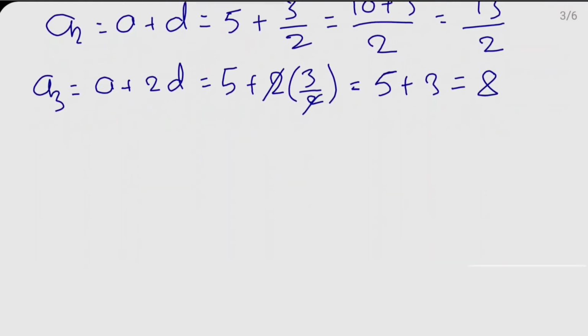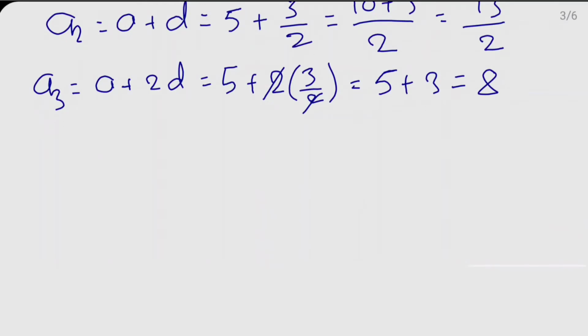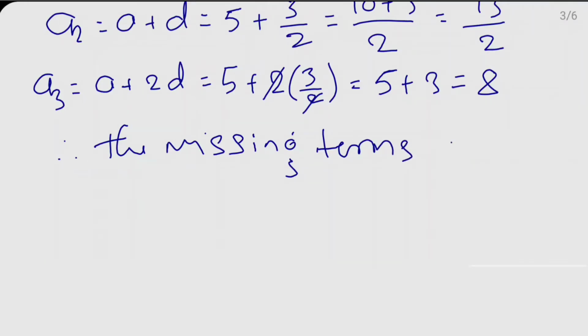So write down the conclusion here. Therefore, the missing terms are 13 by 2 and 8 respectively.